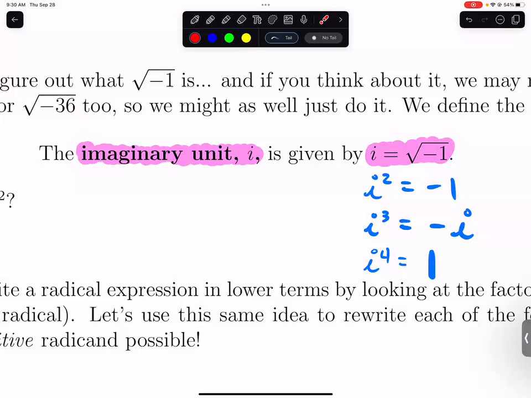So once I get my head around this idea that it's 4s, that it sort of cycles through, I can look at something like the 37th power, the 742nd power or whatever, figure out how many times it goes through 4, and then what's left over, and I can tell you exactly what that is in terms of either i, 1, or -1.